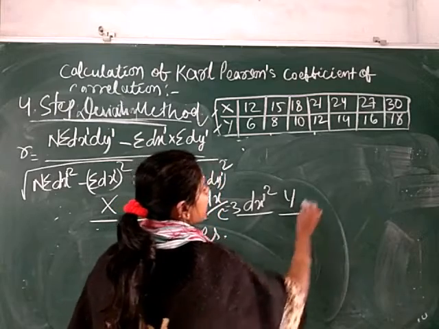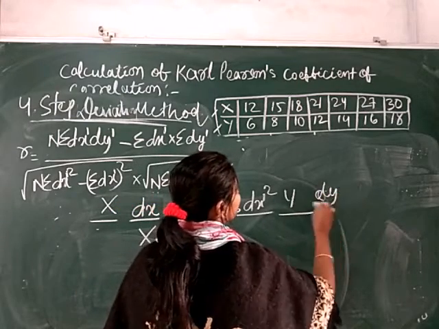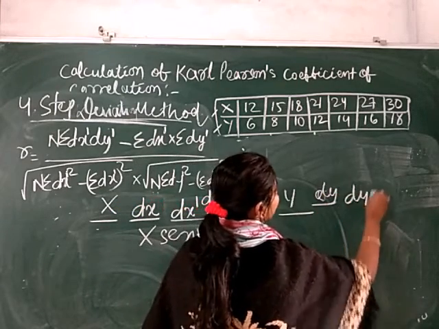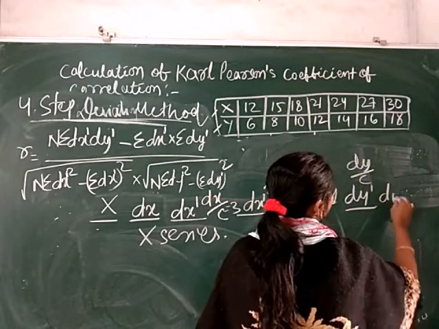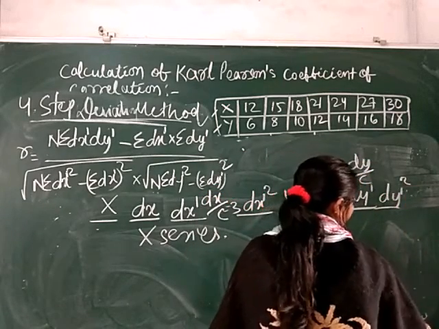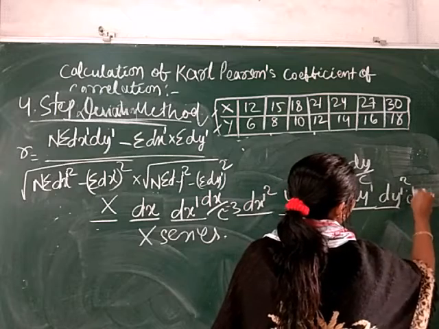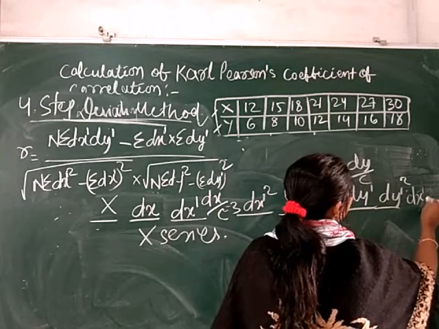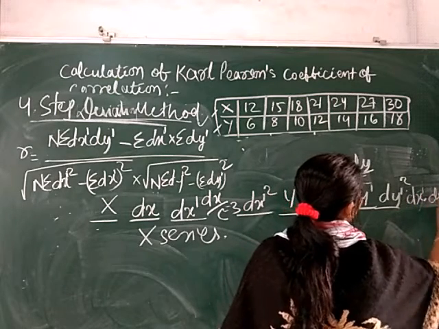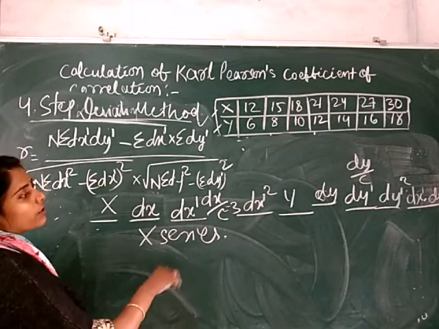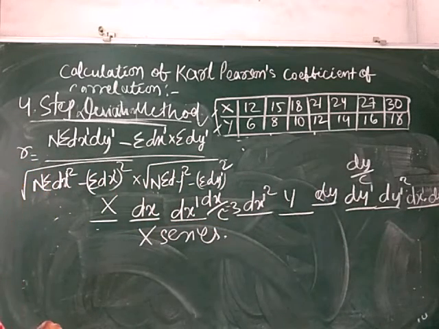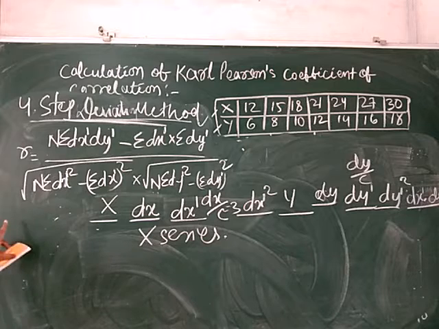First we write Y, then dy, then dy dash, that is dy by c. Then we calculate dy dash square, and lastly we calculate dx dash into dy dash. Now we calculate the summation of all these columns, then we put in the formula.